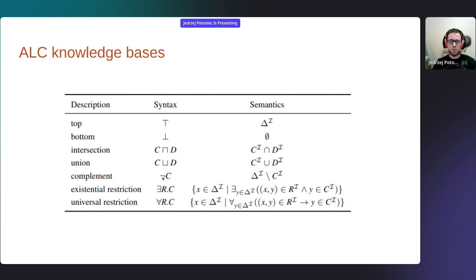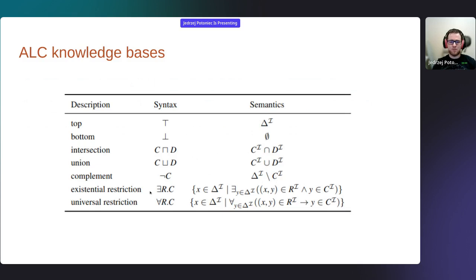There is a complement or negation available, and the concept not C corresponds to all the elements of the universe of discourse except for the items in the concept C itself.